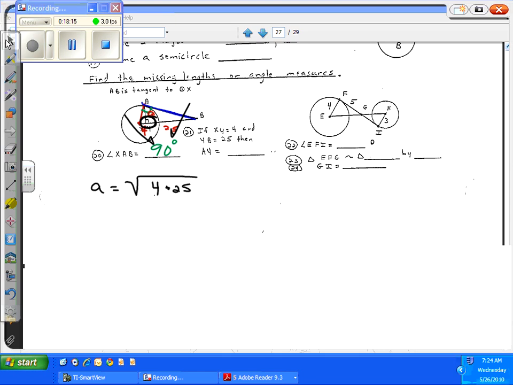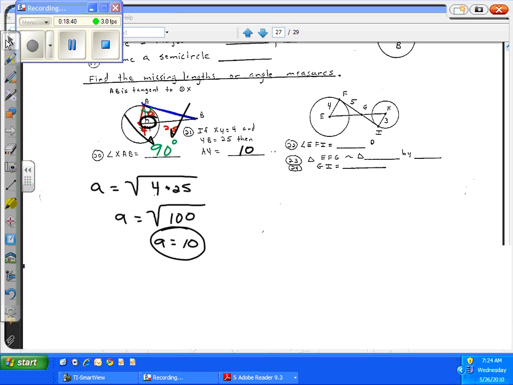Therefore, the altitude A is the square root of 4 times 25, square root of piece times piece. So A is the square root of 100, and so A is equal to 10. So the altitude AY is 10. Any questions on 20 and 21? Okay.